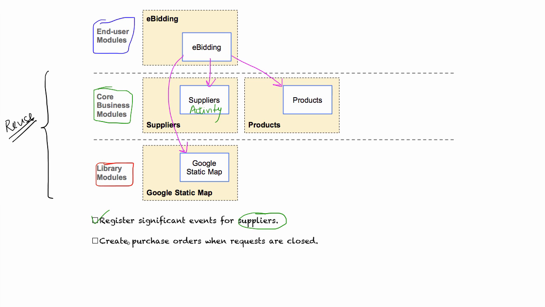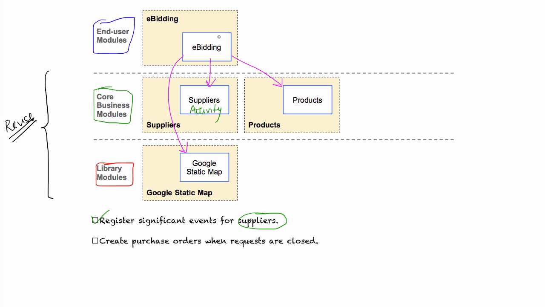I want to be able to create a purchase order when requests are closed. So when I close a request in the e-bidding application, I want to create, with that action, also a purchase order for the winning supplier of that product request. So let's use the framework again. Is this reusable functionality?